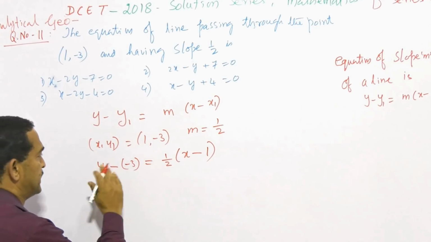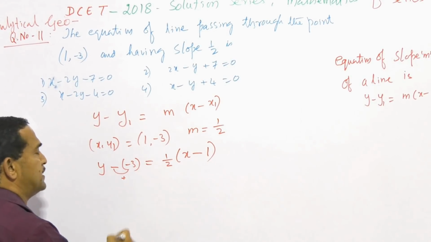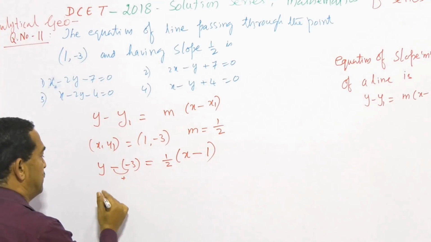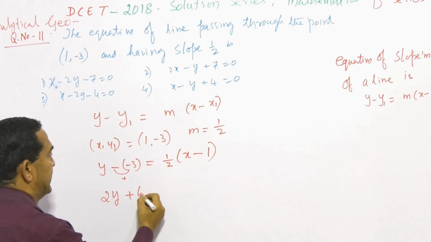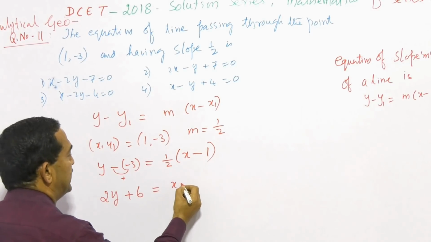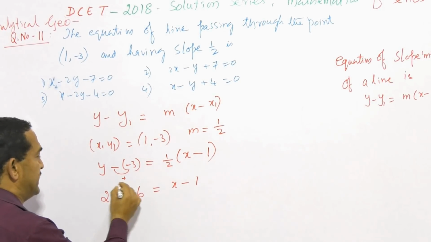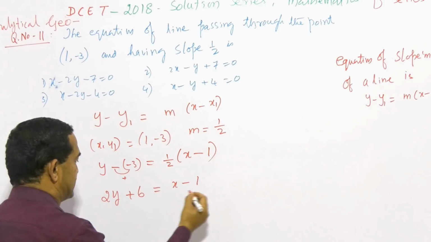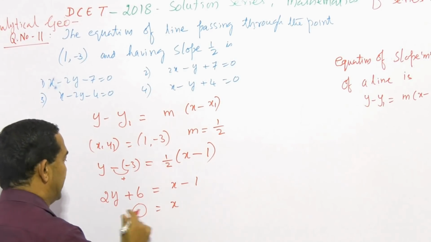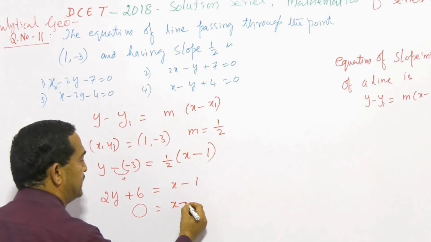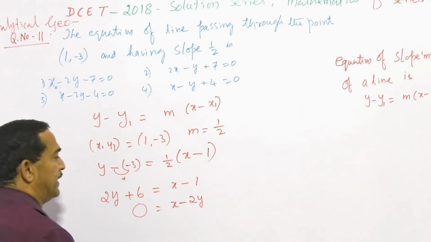Now by cross multiplication, of course minus into minus is plus 3. By cross multiplication, this becomes 2y plus 6 is equal to x minus 1. Now I take these terms to the right hand side. Therefore this becomes 0 is equal to x. If I take this plus 2y to the right hand side, that becomes minus 2y.